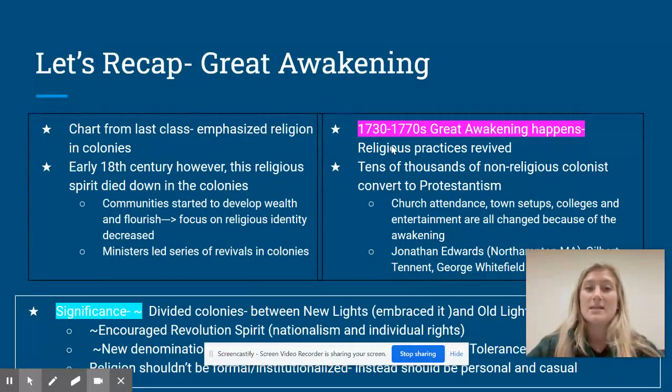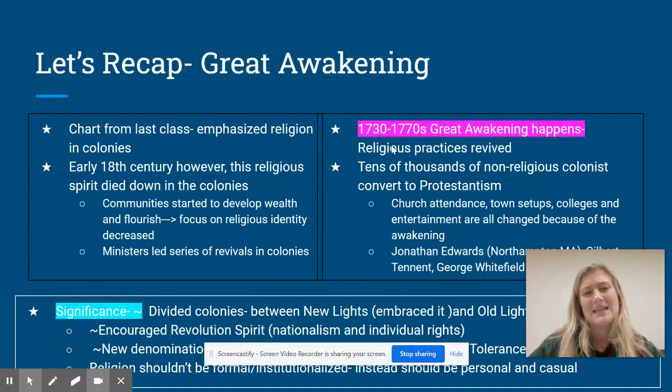I want to discuss the Great Awakening. As we talked about the different colonies, New England, Middle, and Southern colonies, we talked about religion. Okay, so we see diversity in religious practices. We see Pilgrims, Puritans, Separatists, Quakers, Presbyterians, Catholics, Anglicans, etc. There was a focus on religion, specifically in New England.